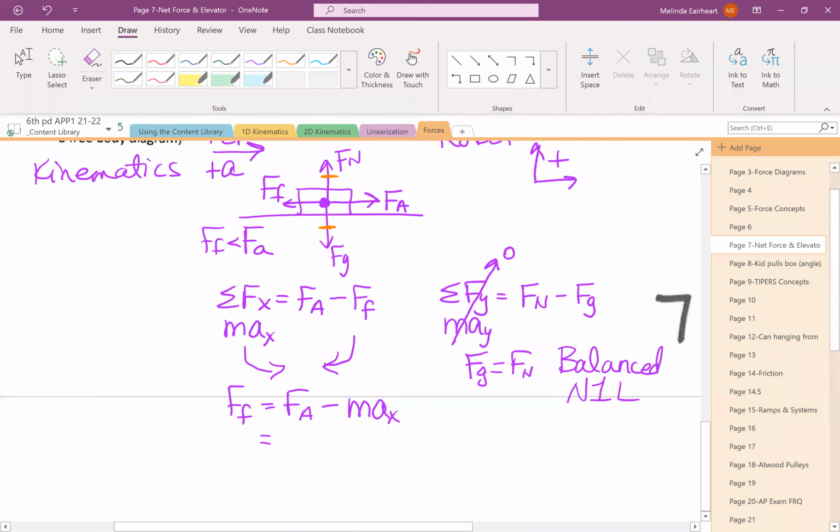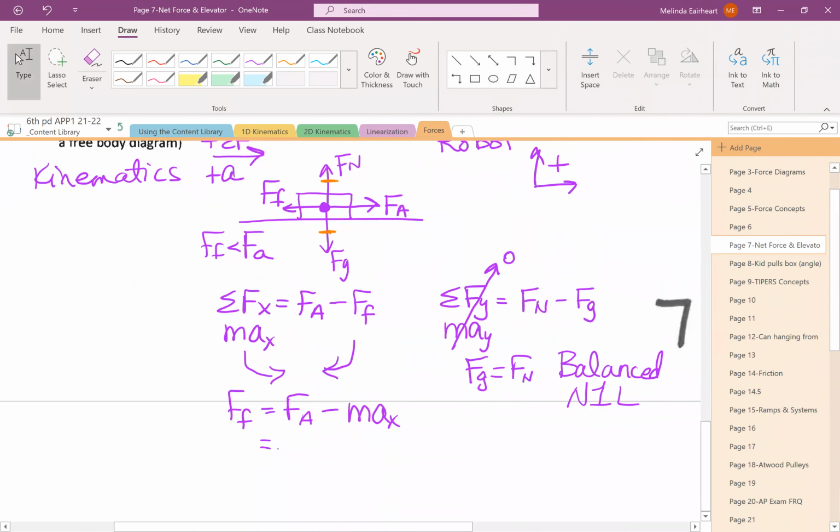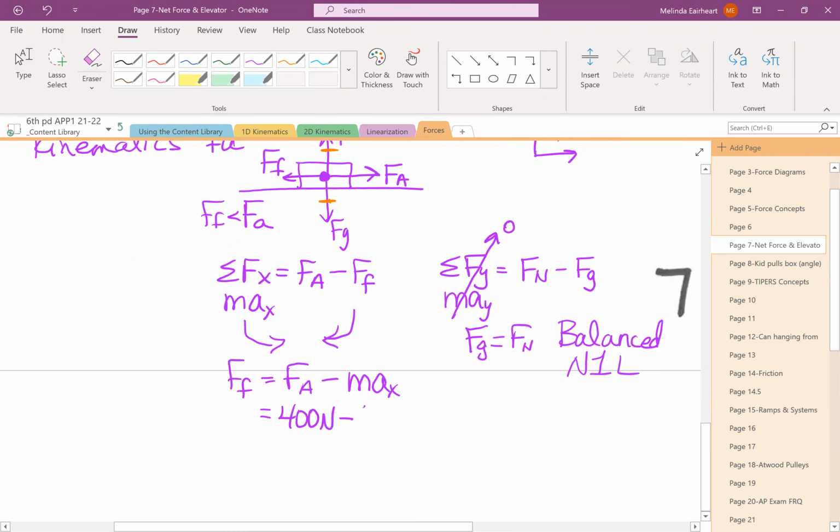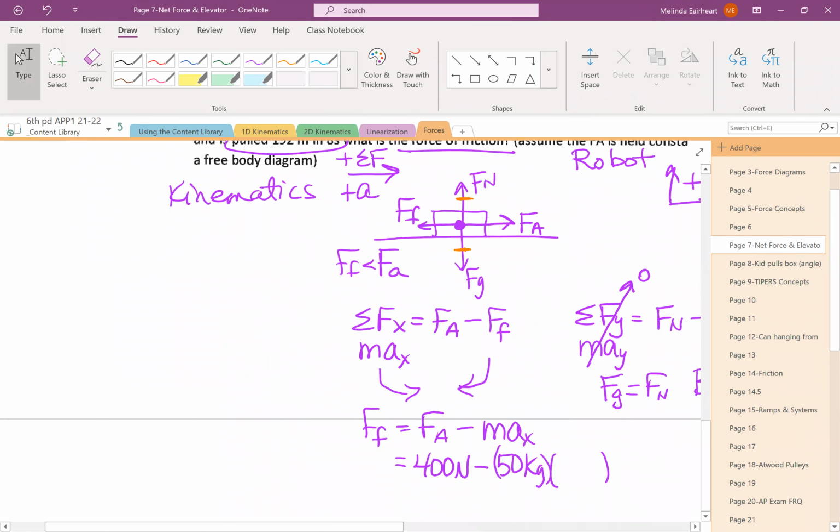They said it was 400 newtons minus mass. They gave me the mass, 50 kilograms. However, they did not give me the acceleration. At this point, you would be like, oh, I gotta go use kinematics to find the acceleration, okay? So pause on forces. Let's go do some kinematics.